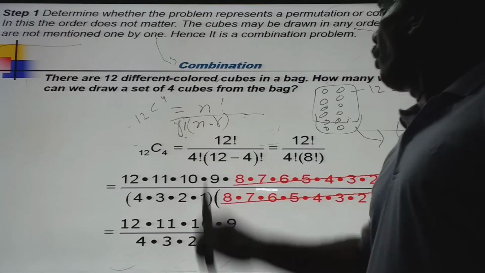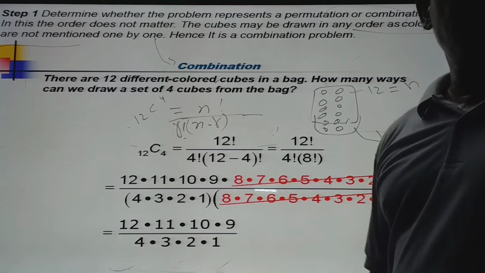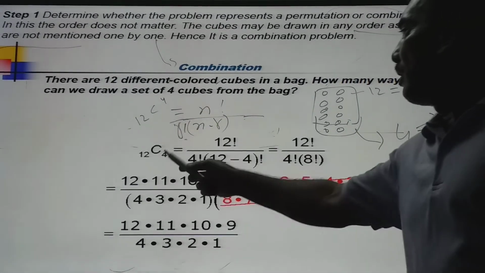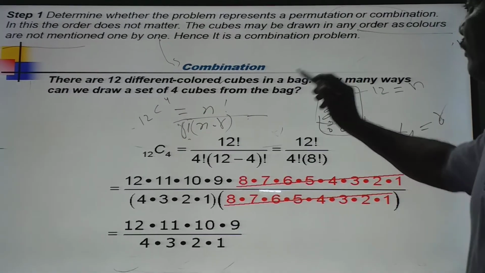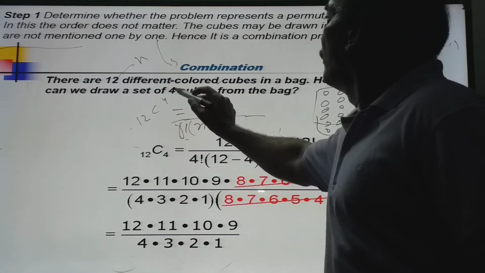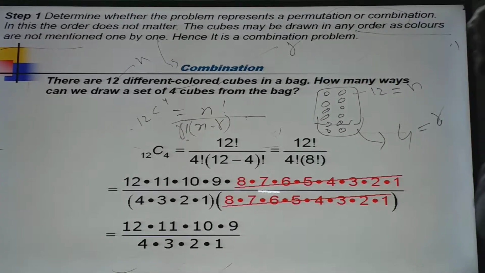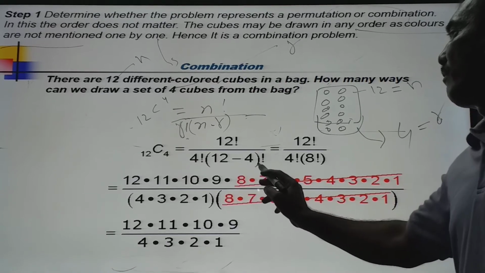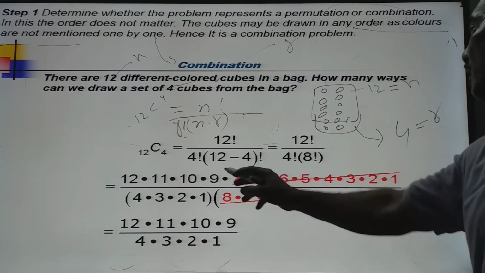R is equal to 4, n minus r, 12 minus 4. Total number is n, 12, and draw is r, 4. Just place the values, in place of n 12, in place of r 4, n minus r, 12 minus 4, which means 8 factorial.